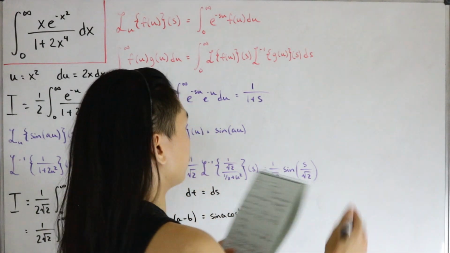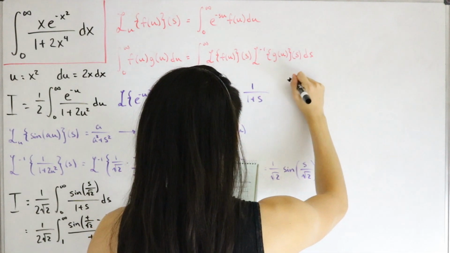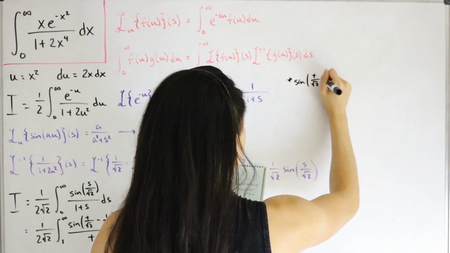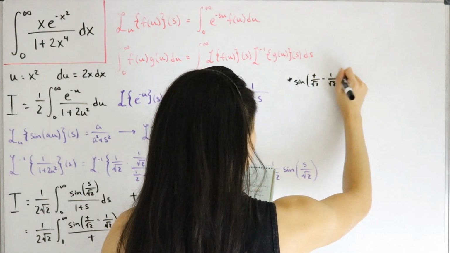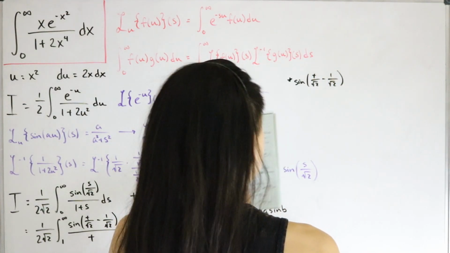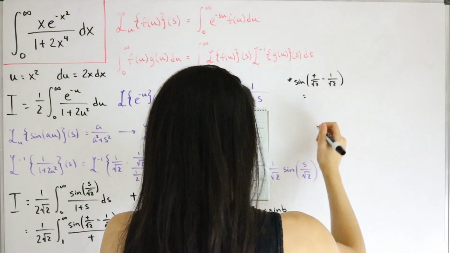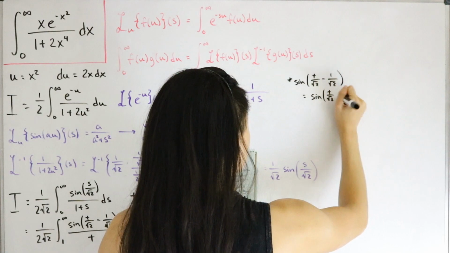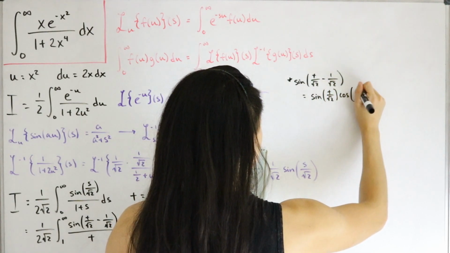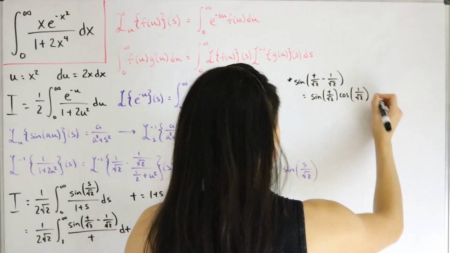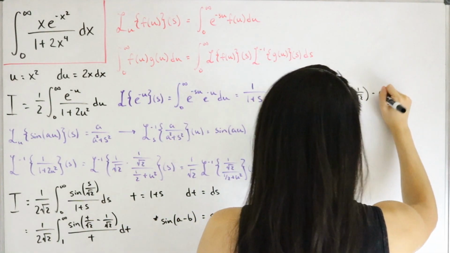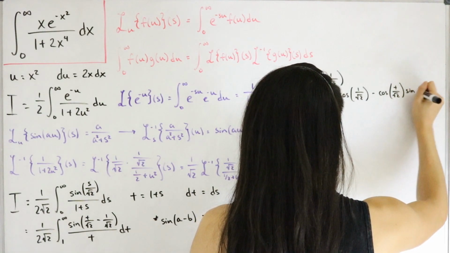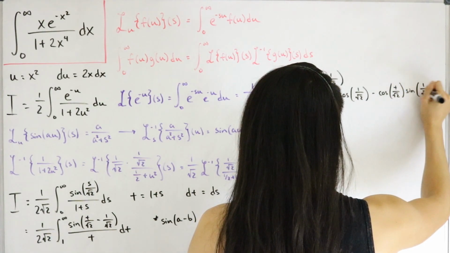Continuing, sine of t divided by the square root of 2 minus 1 divided by the square root of 2 is equal to sine of t divided by the square root of 2 multiplied by cosine of 1 divided by the square root of 2, subtract cosine of t divided by the square root of 2 multiplied by sine of 1 divided by the square root of 2.